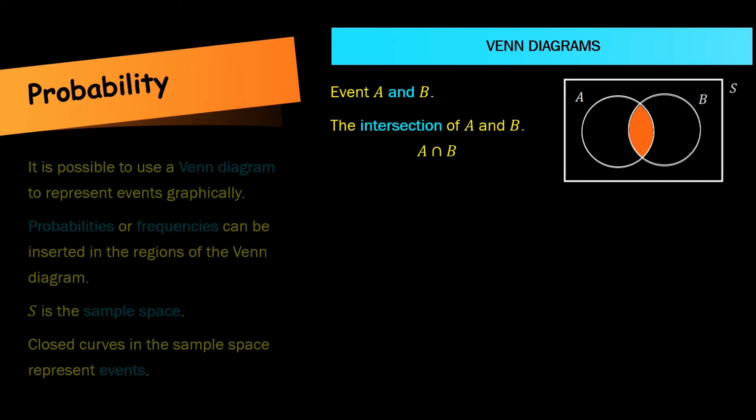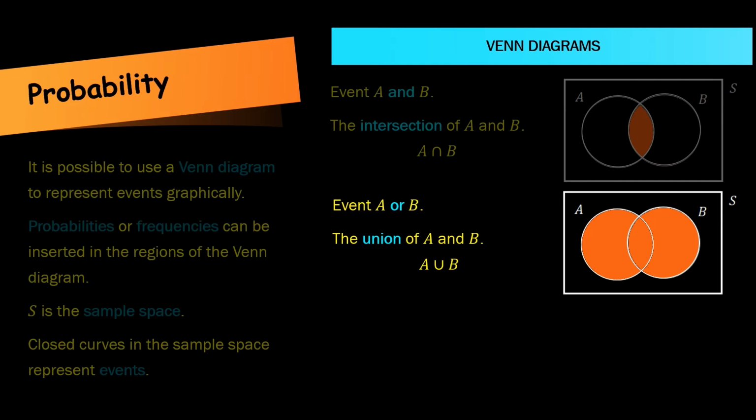The intersection of A and B is denoted by A intersect B, with an upside down U denoting the intersection. Event A or B denotes this shaded region here.